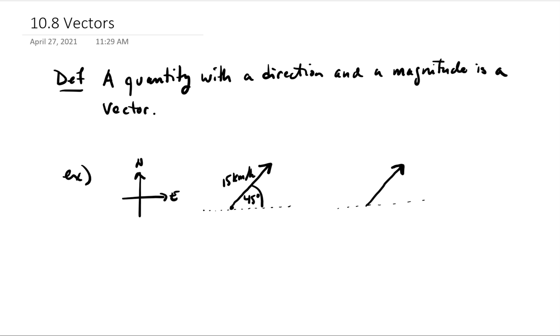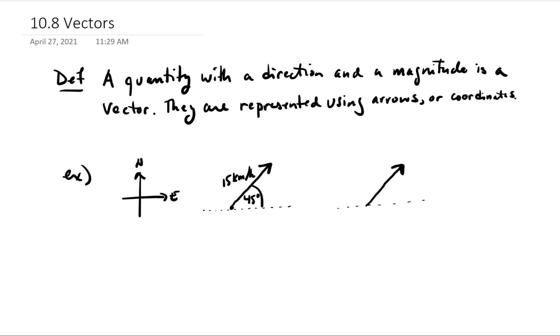They are represented using arrows. And we'll see, sometimes we're going to represent them using coordinates. So here my example is wind blowing at 15 kilometers northeast.